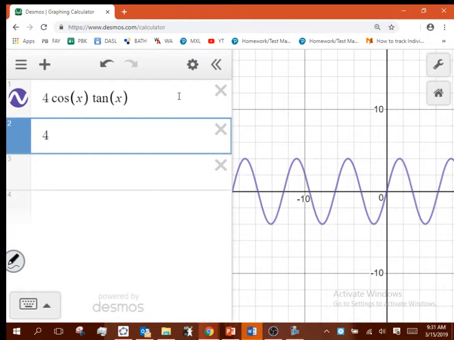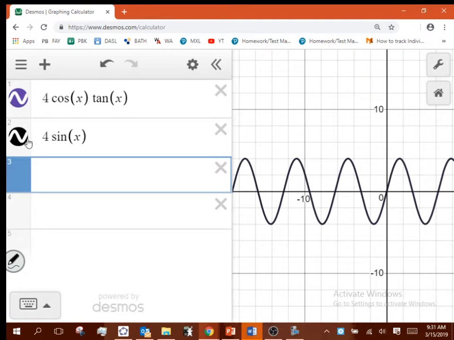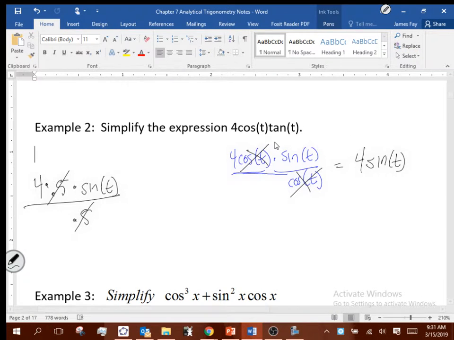And then we ended up rewriting that as 4 sine of x, and we do see then that those two things are the same curve. All right, so we've done ultimately a proof to show that 4 cosine t tangent t is actually 4 sine t.